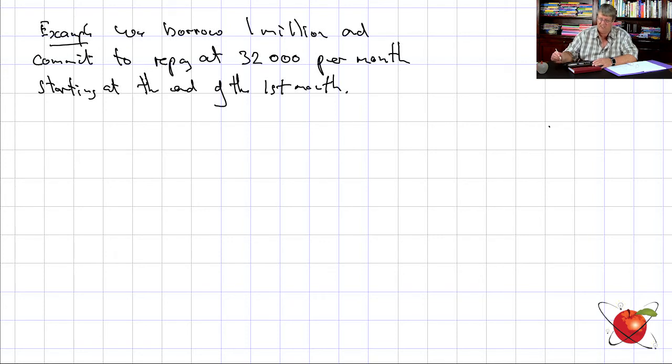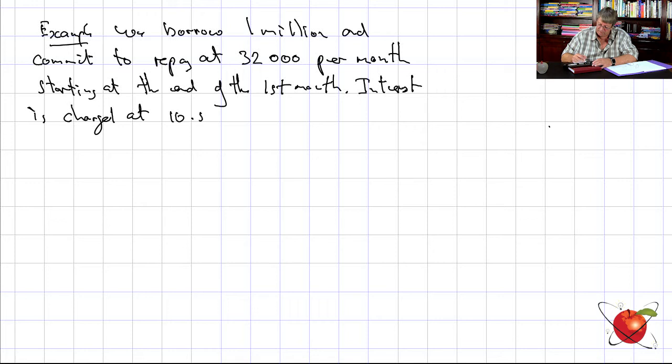Straight away, you know that's a standard annuity, correct? Interest is charged at 10.5% per annum, compounded monthly.